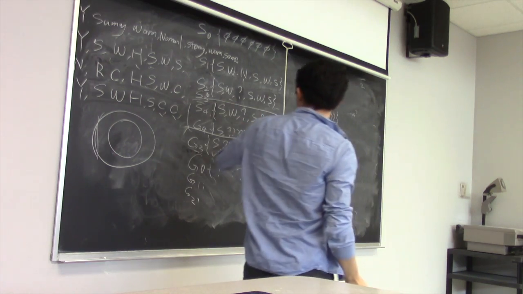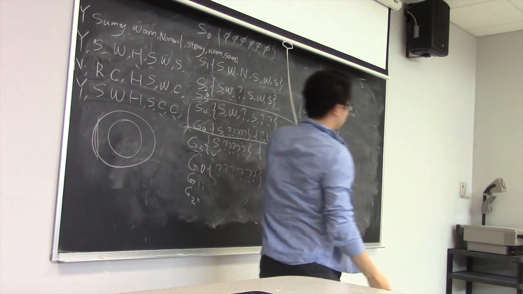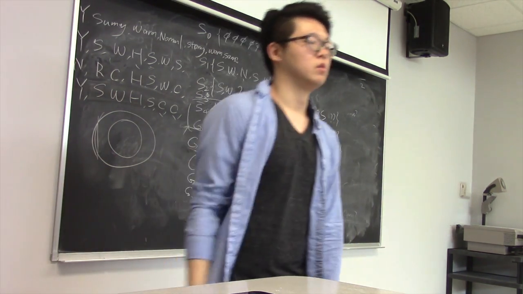So 1, 2, 3, 4, 5, 6 will be all the hypothesis classifiers.